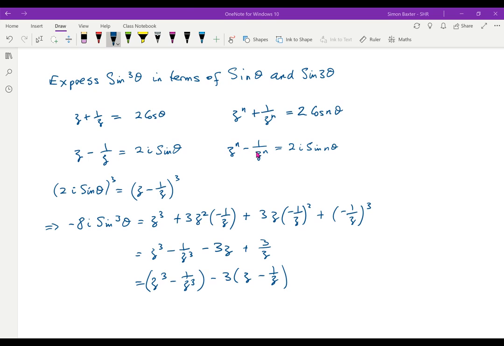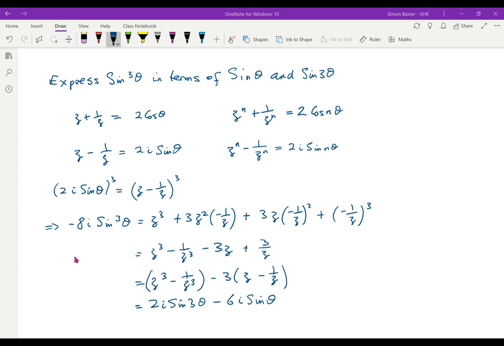Z cubed minus 1 over z cubed is 2i sine 3 theta. So this is 2i sine 3 theta minus, and z minus 1 over z is 2i sine theta, 6i sine theta.